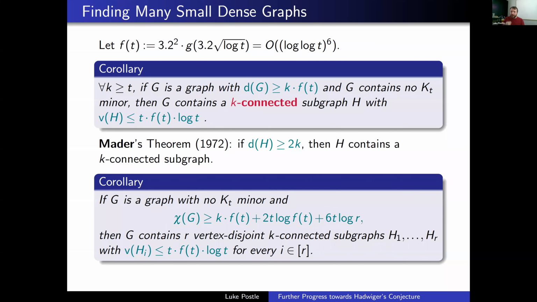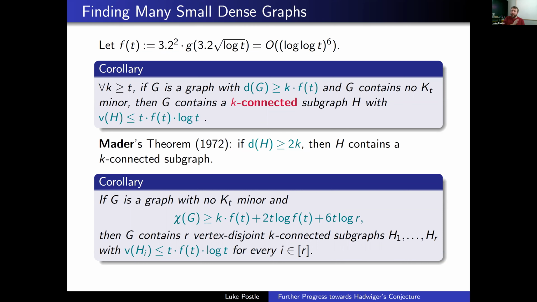And as a corollary, you repeat this however many times you want. Not only can you find one of these, you can find r vertex-disjoint ones, as long as your chromatic number is at least k f of t plus something like t log f of t and 6t log r. It turns out those numbers will work for us, but basically you can keep extracting small graphs.